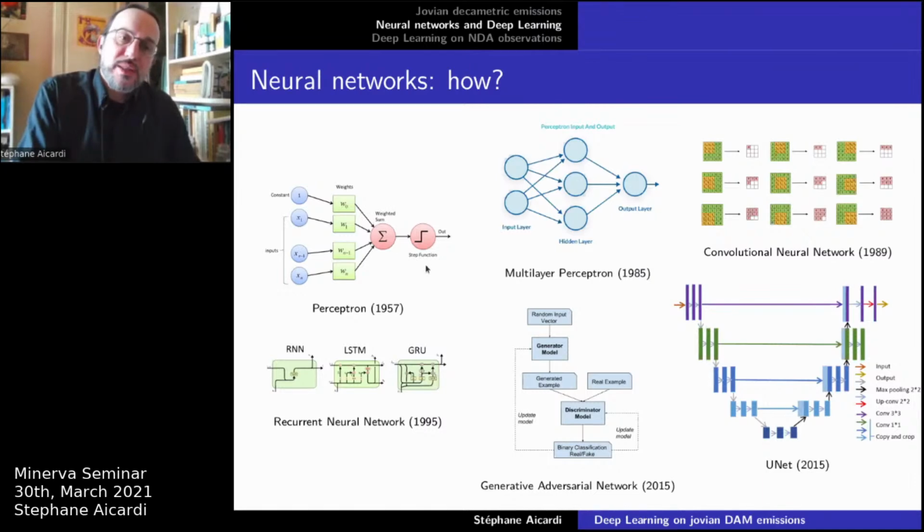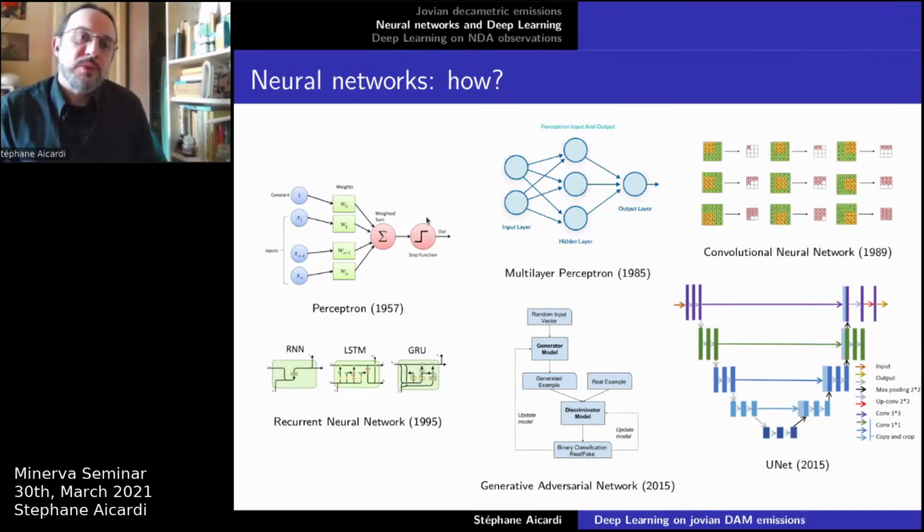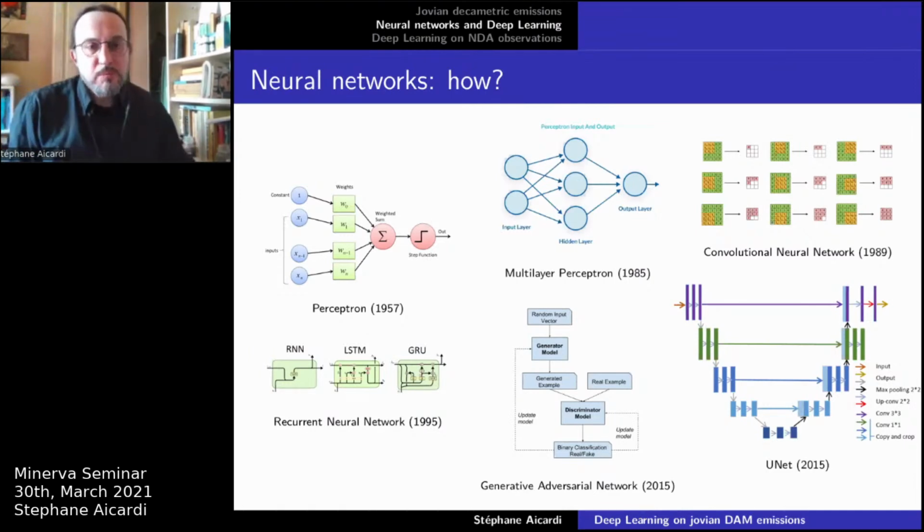The result passes through a step function and we get our output. So with this simple process, we can model some mathematical functions. So that's a good start. But soon people realized that very simple functions like the XOR couldn't be obtained this way. So there was a halt on this concept.